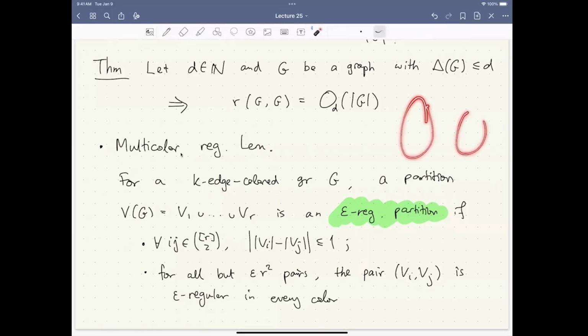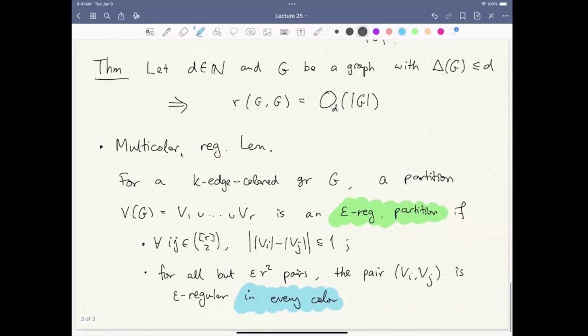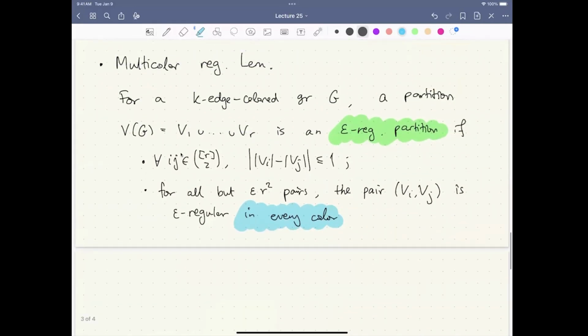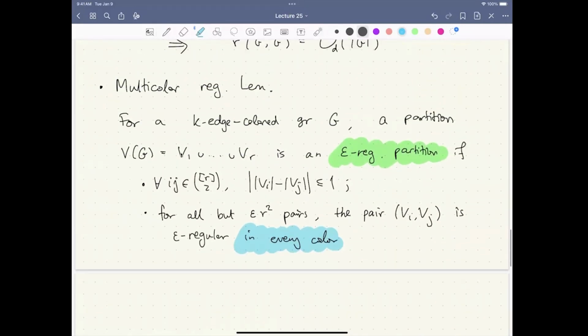When you look at Vi, Vj, now it's not just a graph anymore. You have graphs with edges in k colors. So if you look at a single color, the corresponding graph in this color is regular. So this is important, in every color. And the one we need is just k equal to 2, for a 2-edge coloring of the complete graph.